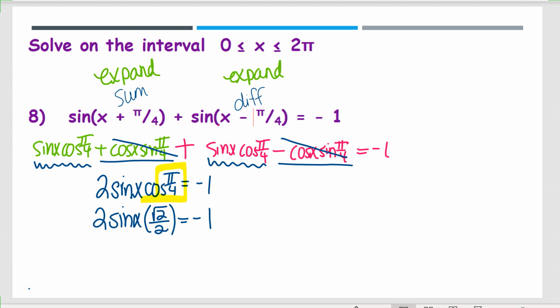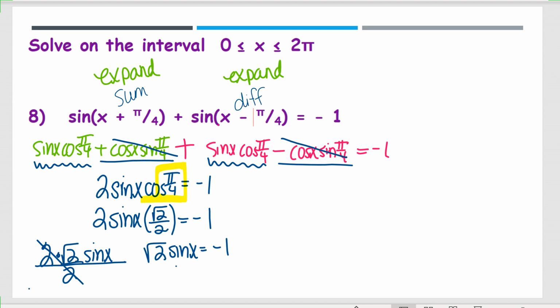So really, 2, sine of x, and square root 2 over 2 are all multiplied together, one big giant fraction. That means that the 2 leading coefficient and the 2 in the denominator reduce, leaving me with the square root of 2 multiplied by sine of x equal to -1.